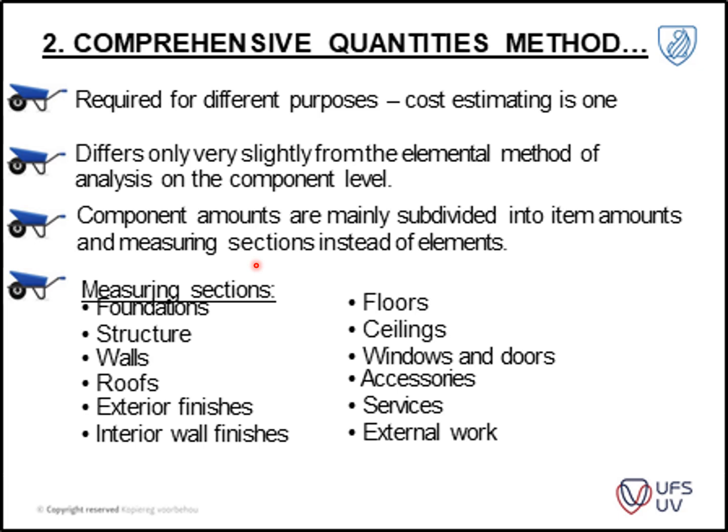So it's the trades that are included in that component, and you break it down further, depending on the amount of information you've got and the time that you've got available to actually do that breakdown. So the measurement sections are usually your foundations, structure, walls, roofs, exterior finishes, interior wall finishes, floors, ceilings, windows, accessories, services, and external works. So you can see it's starting to look a lot more like the trades that you compile your BOQ from.